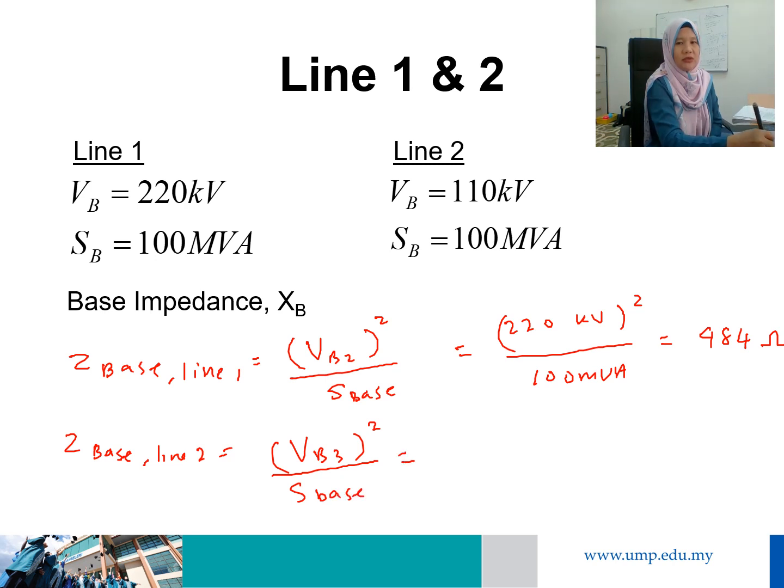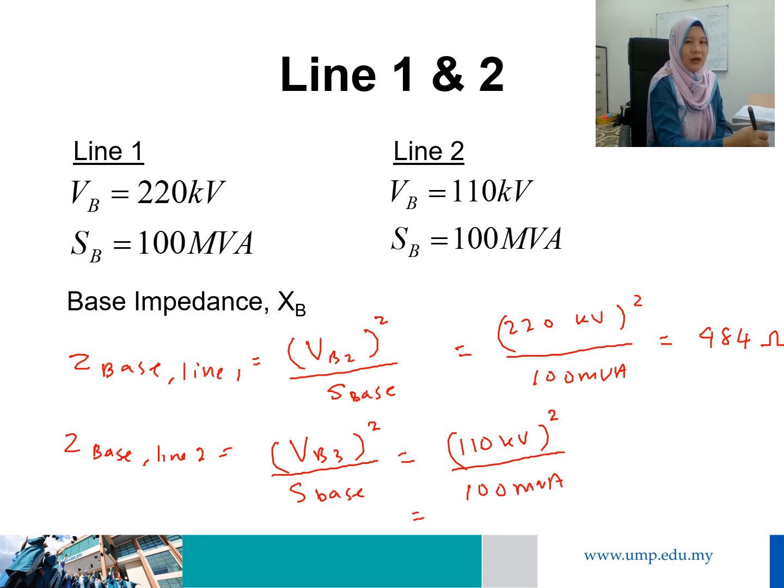So this is equal to 110 kV squared divided by 100 MVA, and we get the base impedance for line 2 equal to 121 ohm.